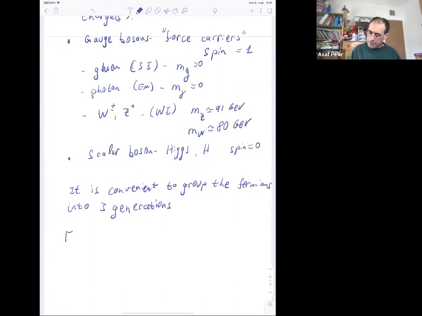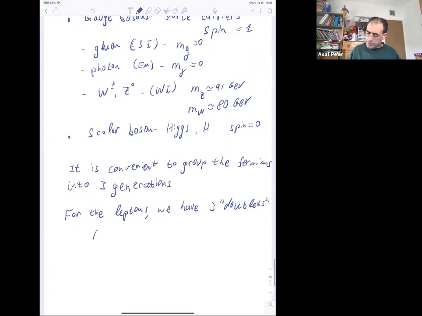So for the leptons, we have 3 doublets. So it's the electron and neutrino, and the muon and neutrino mu, and the tau and the neutrino tau.